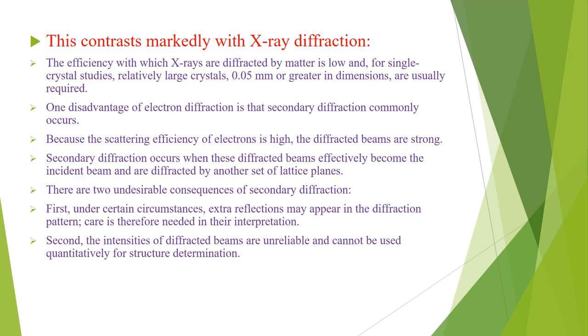Secondary diffraction occurs when these diffracted beams effectively become the incident beam and are diffracted by another set of lattice planes. There are two undesirable consequences of the secondary diffraction.